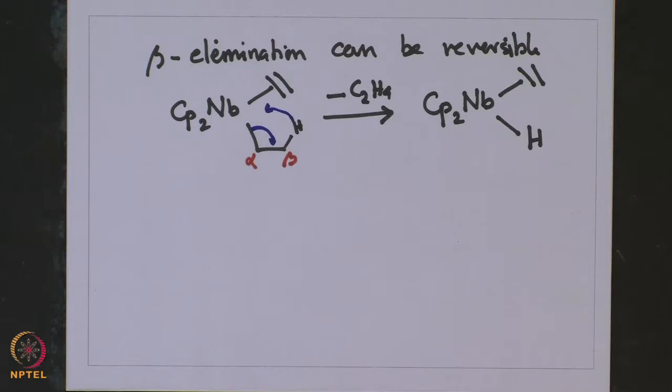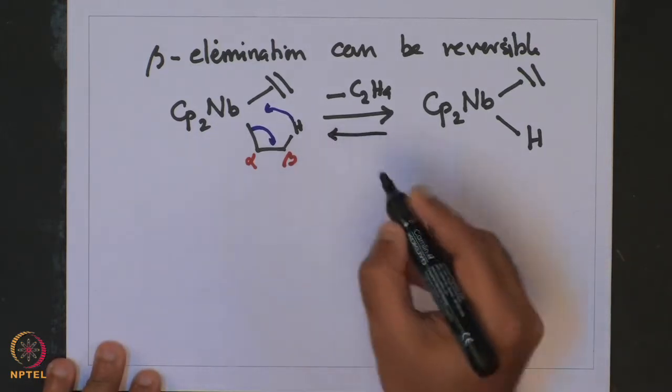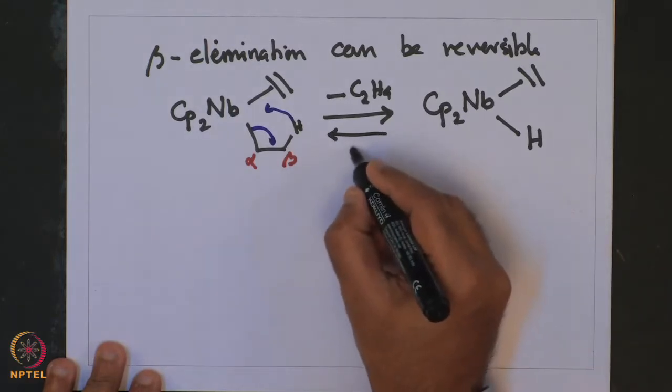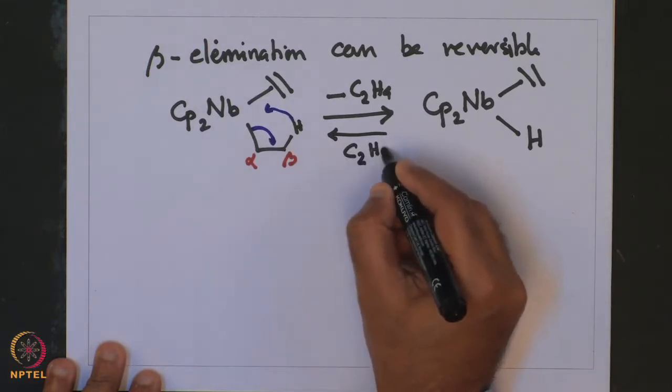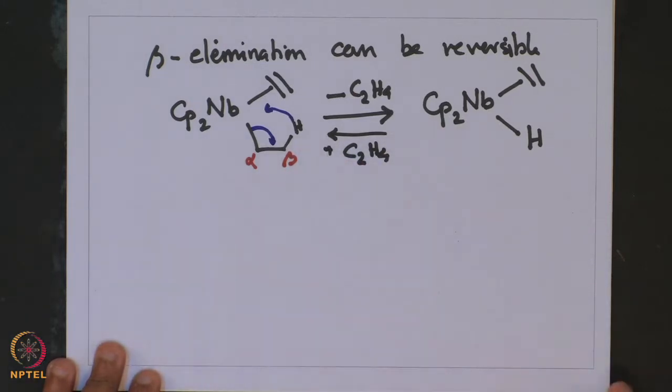Now, this complex, when treated back with olefin, gives back the ethyl complex. So, beta elimination can be reversible.